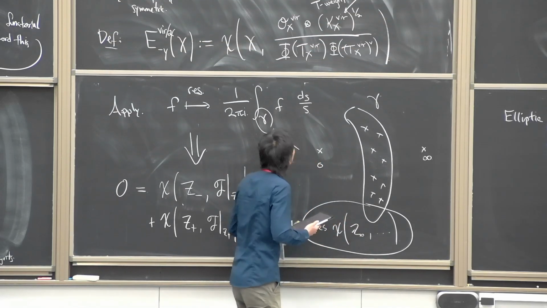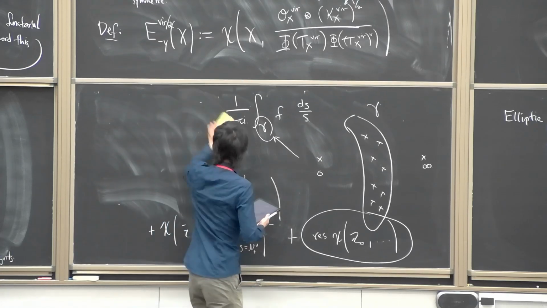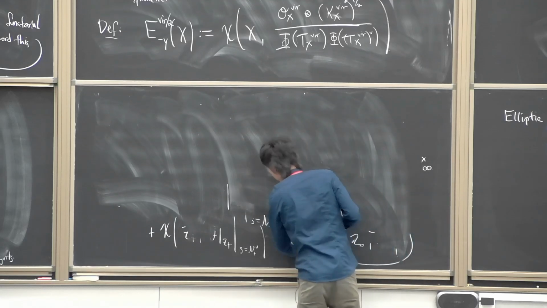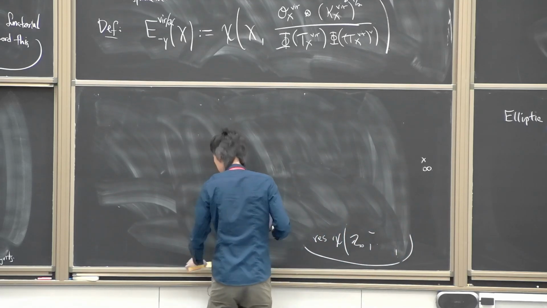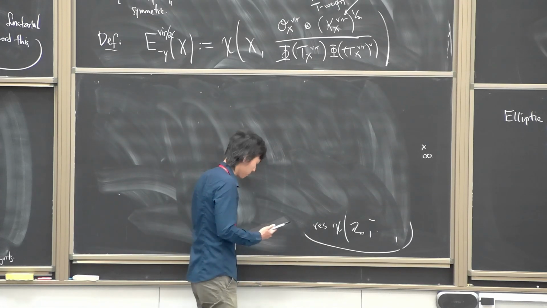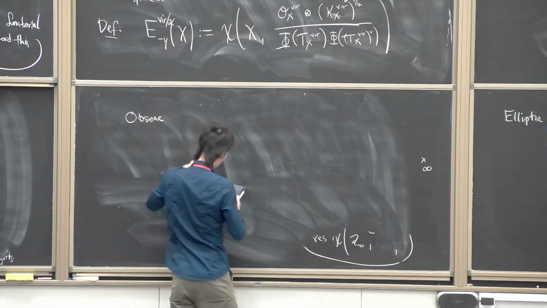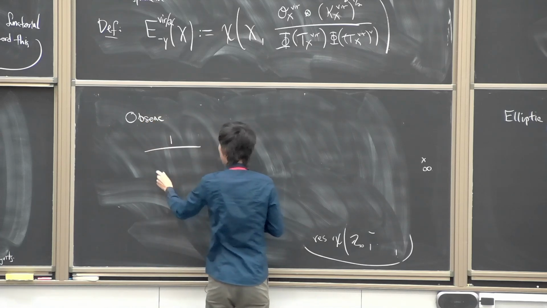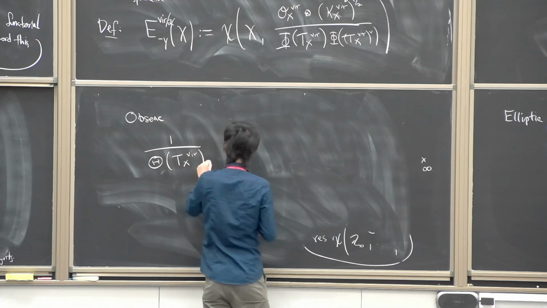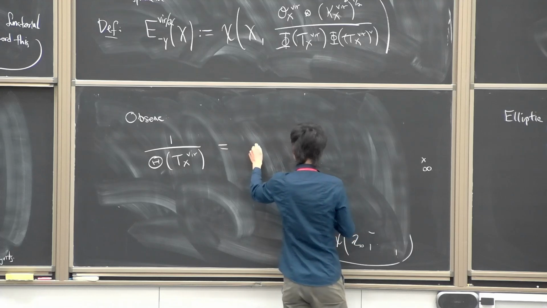So this quantity, which I just wrote down, can be compared with what I wrote down earlier in the case where I have some equivariantly symmetric perfect obstruction theory. And the comparison comes from the observation that if I think about what 1 over theta of the virtual tangent bundle looks like, well, the virtual tangent bundle is something like F minus F dual up to some twist.